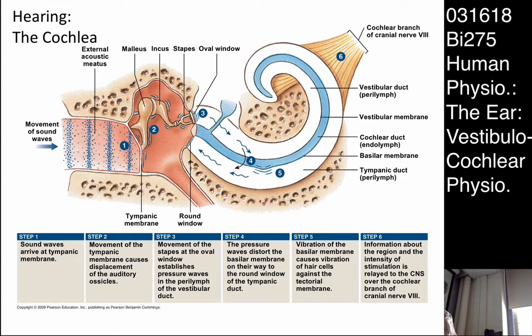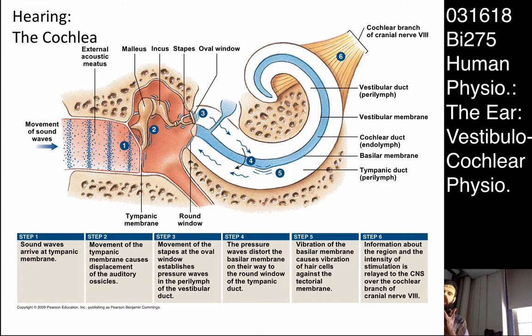Well, the vibration of this stapes inserted into the hole of the oval window causes the fluid in that vestibular duct to oscillate at a certain frequency, right? There's the frequency of vibration that corresponds to the movement of these sound waves.